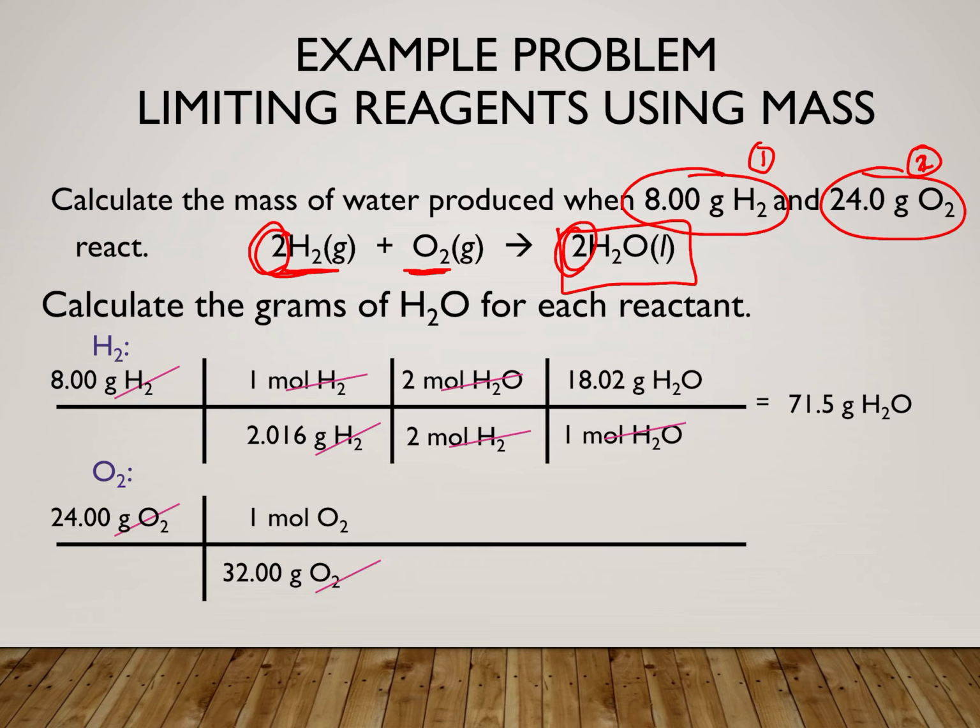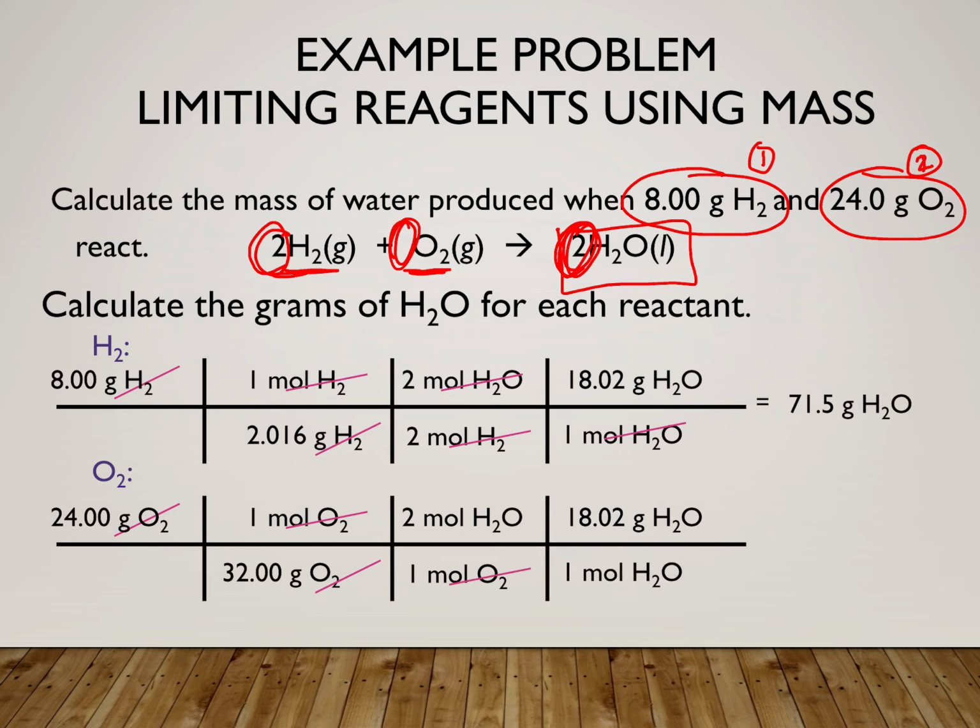So again, for every 1 mole of O2, we are producing 2 moles of water. So then we can use our molar mass of water, right? For every 1 mole of water, we have 18.02 grams. Those cancel out. And we can multiply the top, divide the bottom to figure out how many grams of water can be formed.